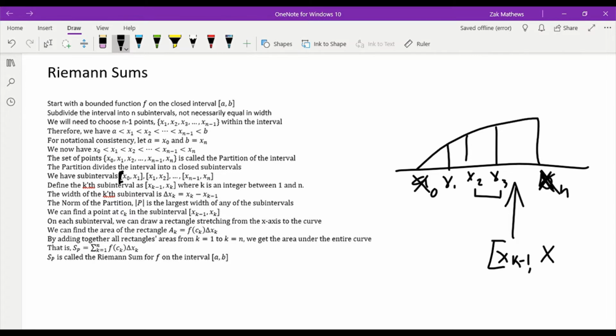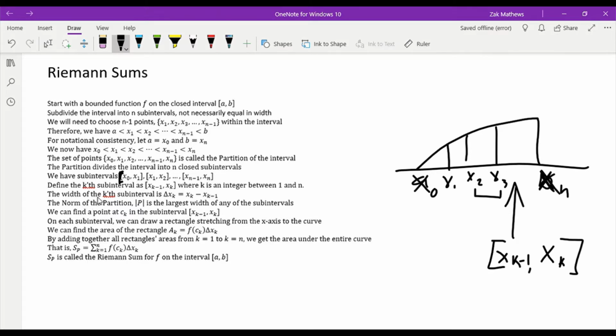The only stipulations on these k's are that they at a minimum have to be 1, because the smallest we can possibly have for k minus 1 is 0, and the largest k can be is n, which would be this last interval, x3 to xn. I'm not using any numbers for these k's because I don't want to specify which interval I'm at, because I want to be able to do it for any of them. So x_k is just the kth interval.